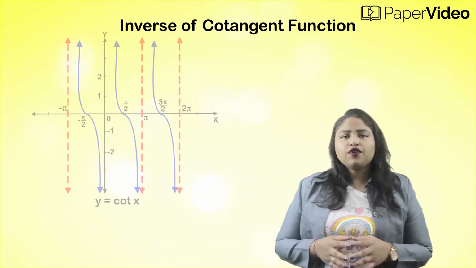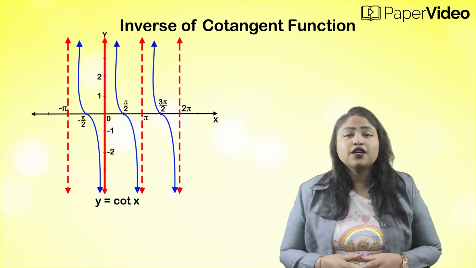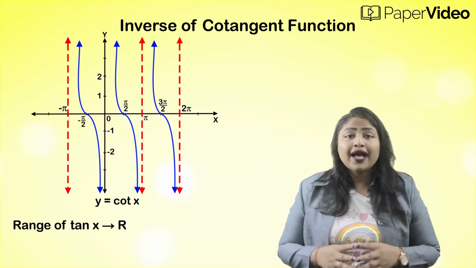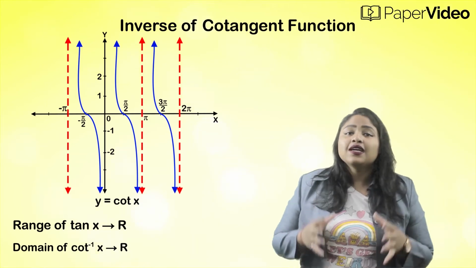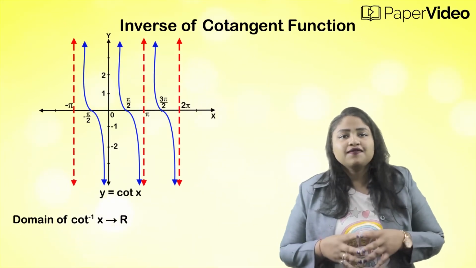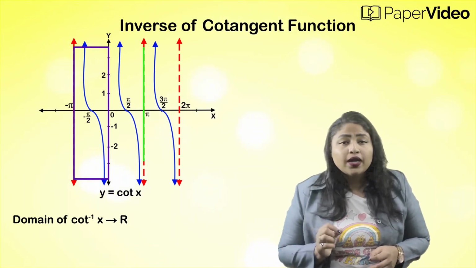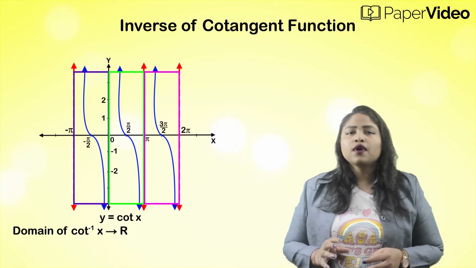If we look at the graph of the cotangent function, we can see that the range of the cotangent function is real numbers. So, the domain of the cotangent inverse function will be real numbers. And the range of the cotangent inverse function will be each of these intervals because the cotangent function is invertible in each of these intervals.